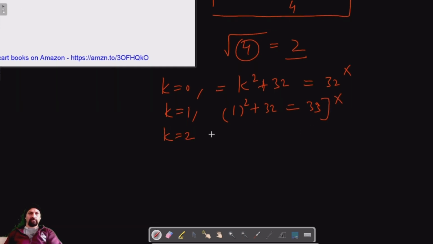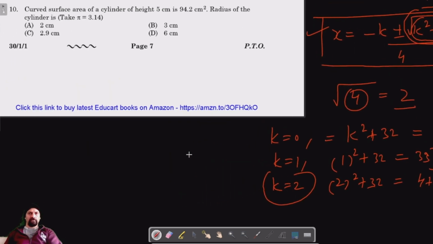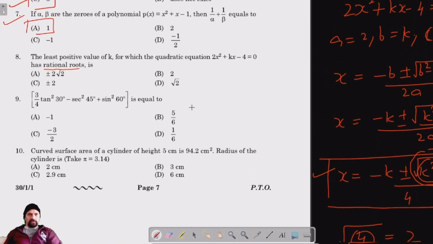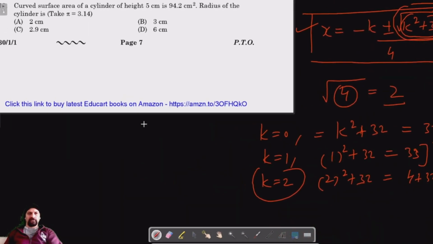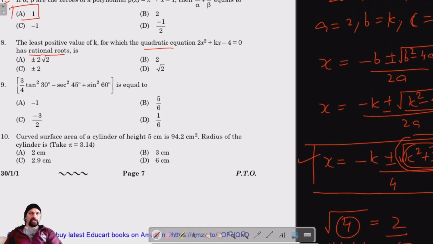If I put k is equal to 2, this is 2 square plus 32, which is equal to 4 plus 32 is equal to 36. Now this is a perfect square because the square root of 36 will give us 6. So the least value of k for which this quadratic equation has rational roots is 2, and our correct option is option B.